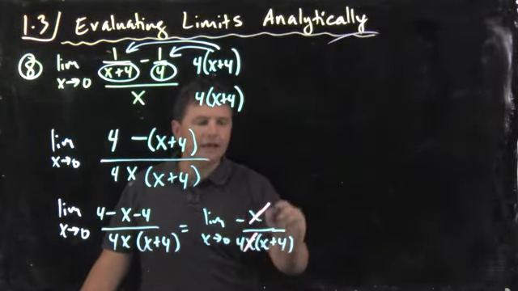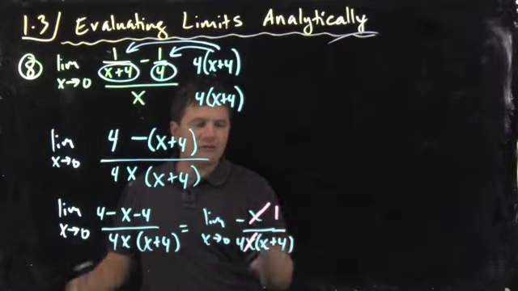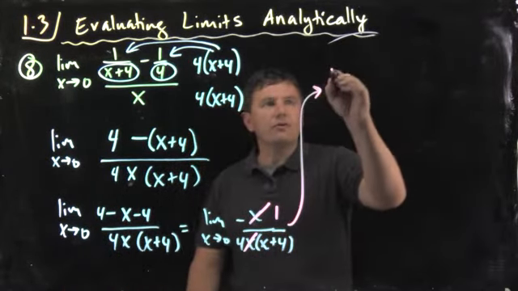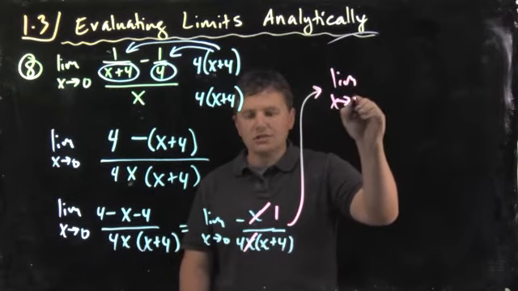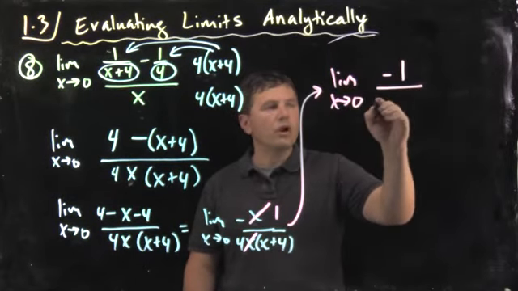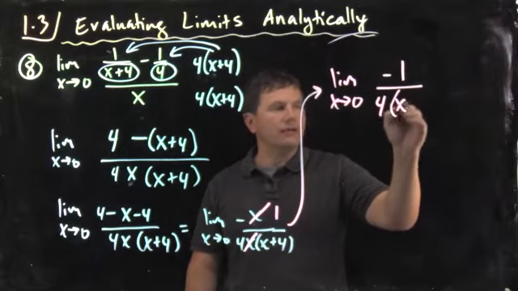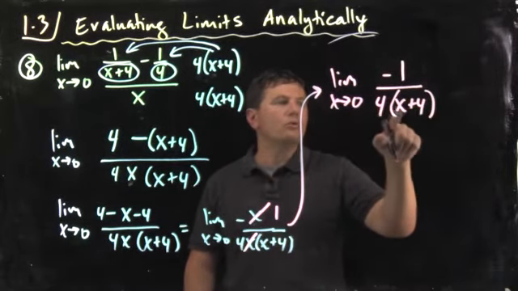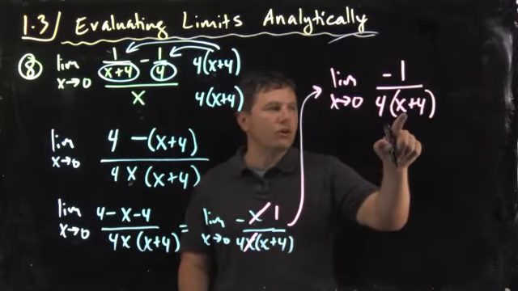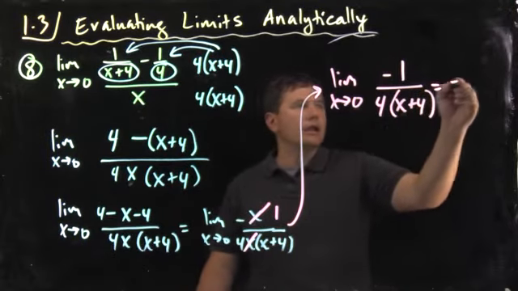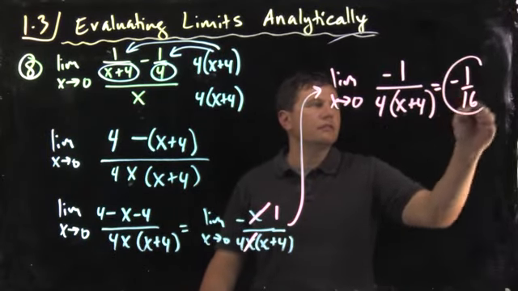Now we've got it. Now remember, if x cancels here, I'm left with 1. So now I'm left with the limit as x goes to 0 of negative 1 in the numerator, 4 times the quantity x plus 4. Now there's nothing holding back plugging in the 0. Plug the 0 in, we get negative 1/16.